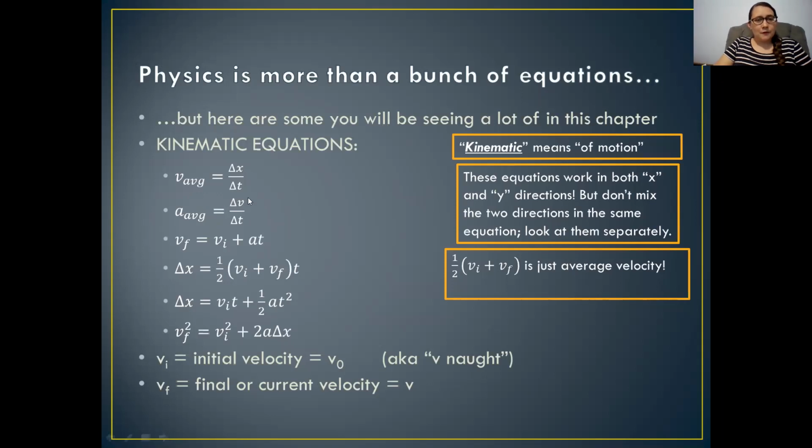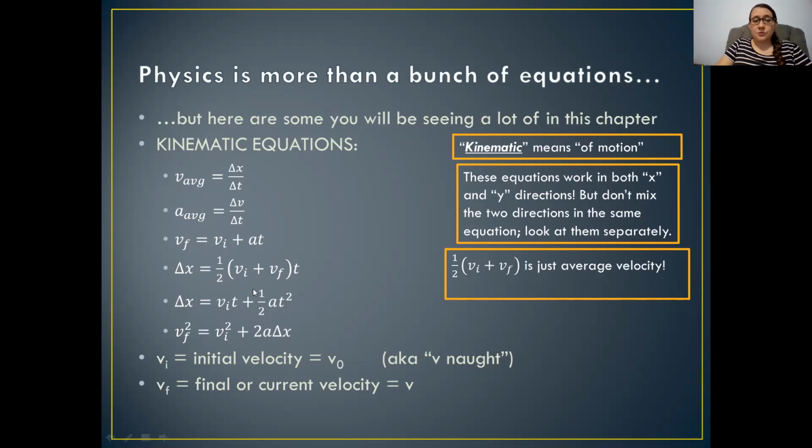These equations we've seen before, these ones at the top, we saw in chapter 2. Average velocity is the change in position over the change in time. Average acceleration is the change in velocity over the change in time. This one we just derived on the last slide: final velocity equals initial velocity plus acceleration times time. Our change in position is 1/2 initial velocity plus final velocity times time.